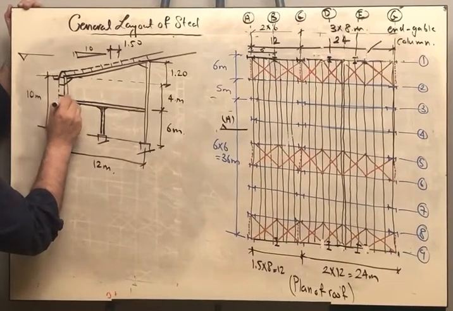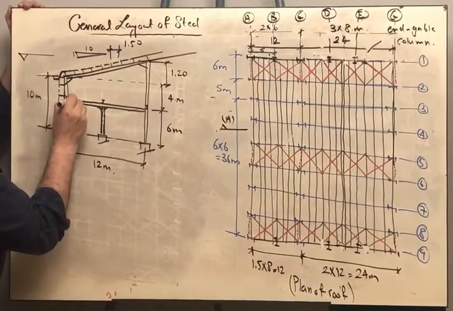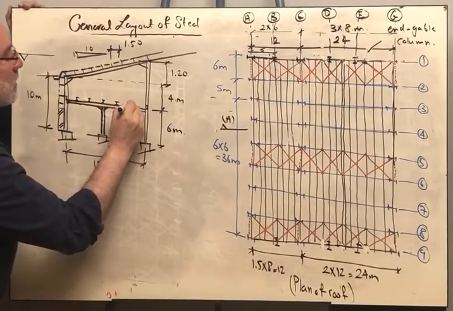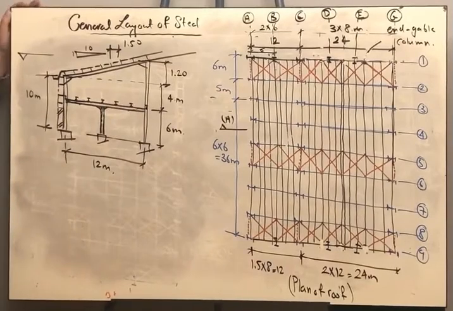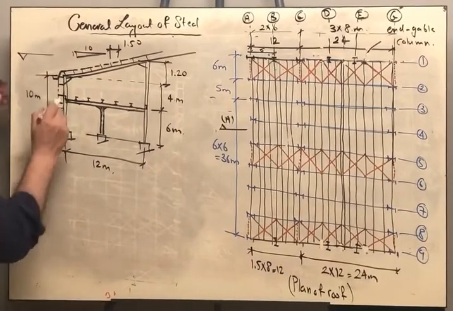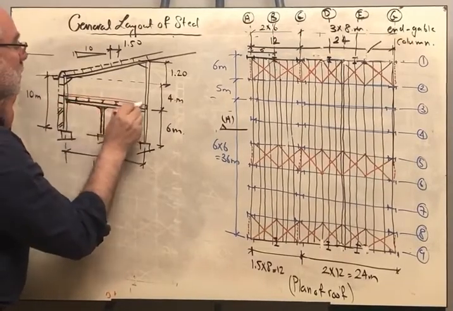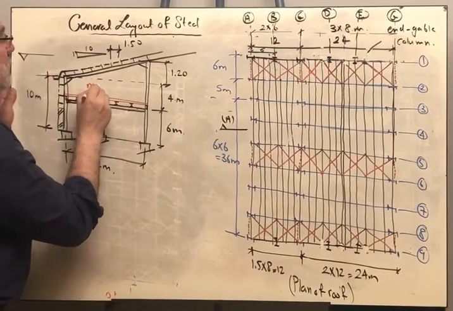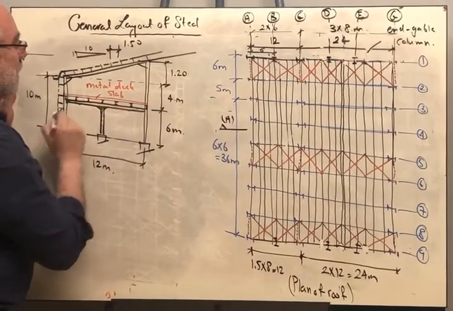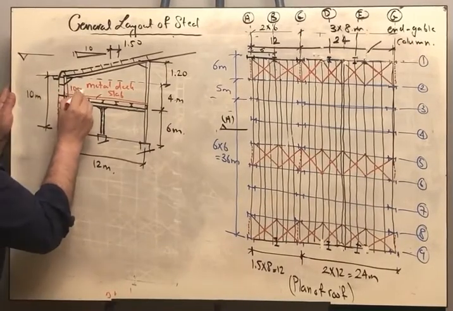We are having secondary beams located over the main beam, and then we are having a metal deck slab. So this is a metal deck slab. Thickness, for example, 10 centimeters.